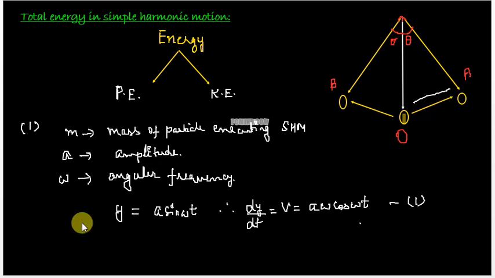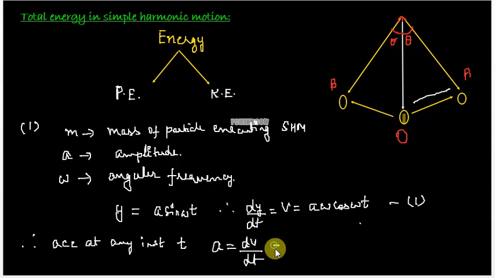And further, if we differentiate it, we get the instantaneous acceleration. Therefore, the acceleration at any instant t would be a is equal to dv by dt. Differentiating that equation again, we get minus a omega square sine omega t, because the differential of cos omega t is minus sine omega t into omega, multiplied by a omega.